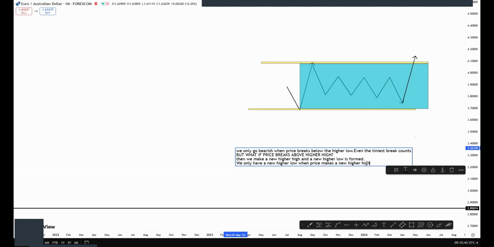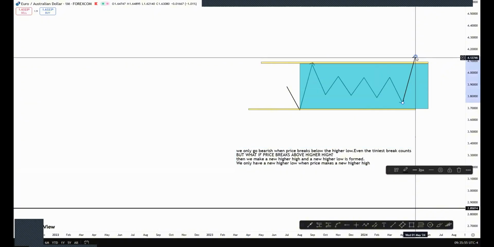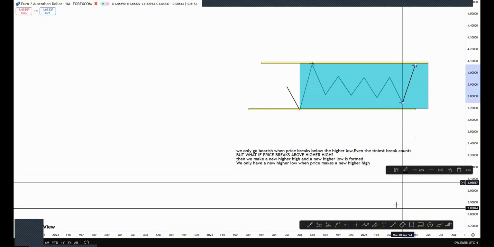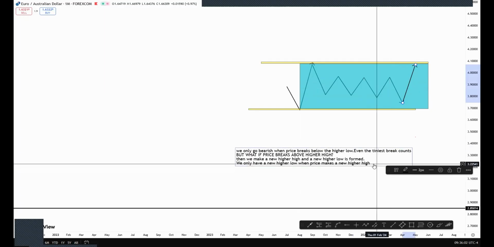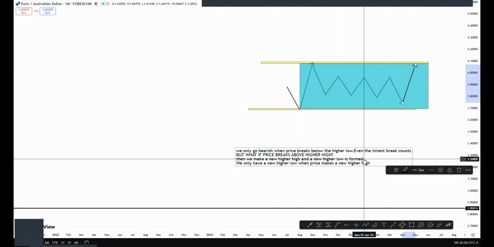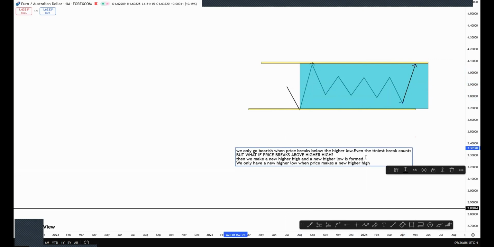Okay. So this is the situation where price breaks above now. This was our higher high, remember? Before any of this happened, we then make a new higher high and a new higher low is formed.